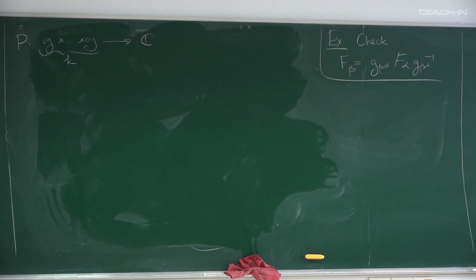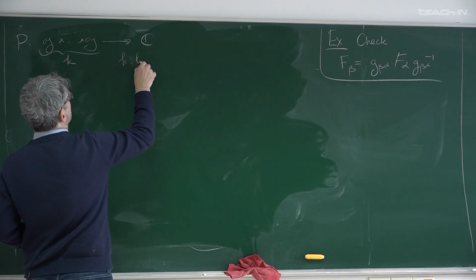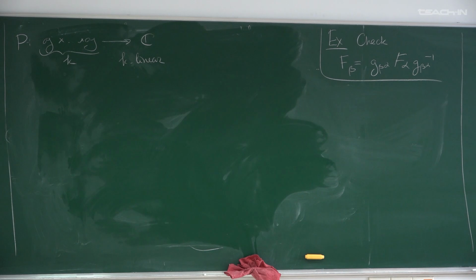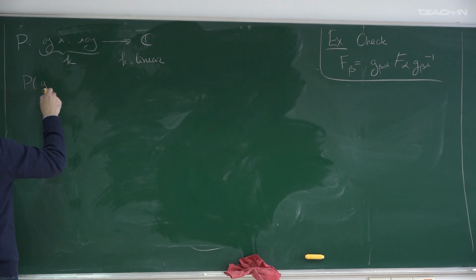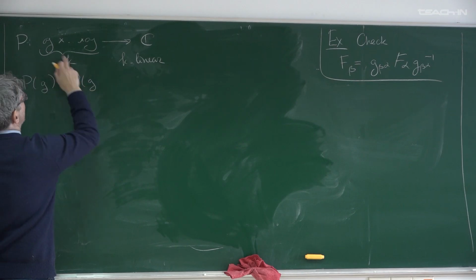Assume that this guy is k-linear. It is linear in each term. Then you can define something like that. P of g is equal to P of, and you substitute the same element here.